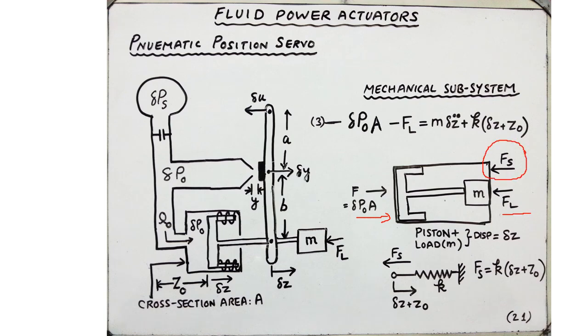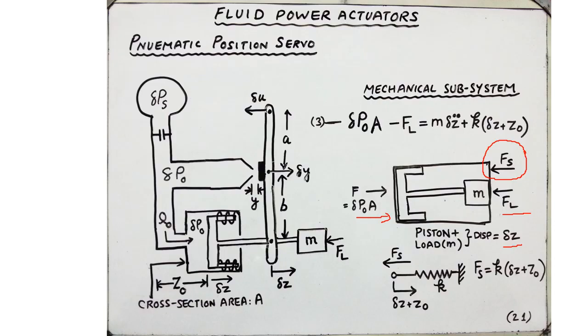So remember, in this case we do have a spring. It is in fact a pre-compressed spring, so I have to be a bit careful in writing its expression Fs. So we are going to apply Newton's second law of motion and say that F minus Fs minus FL equals m times delta Z double dot.